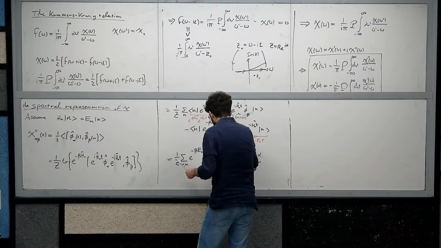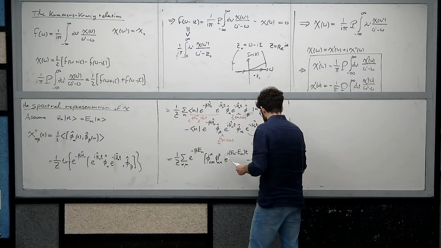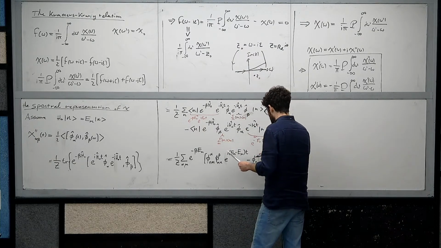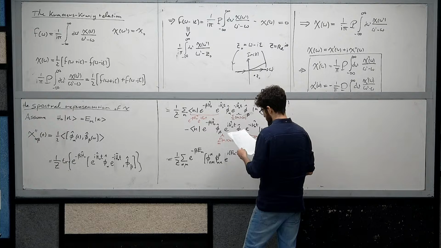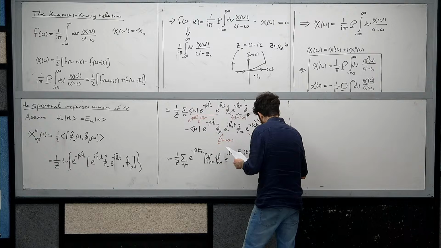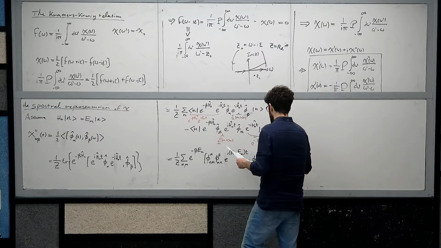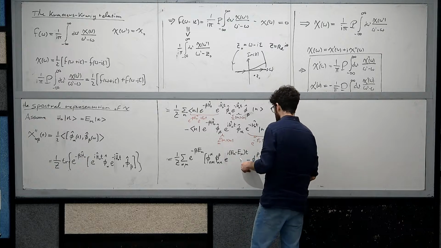I chose very non-confusing indices. So now it's the other way around. It's beta first. And then here it's phi alpha mn, and then e to the i (E_m minus E_n) t. Okay.